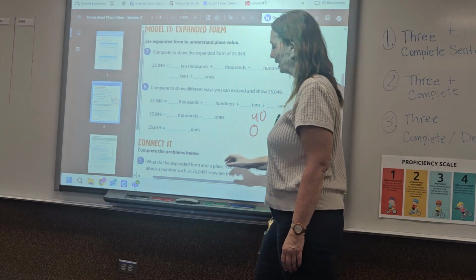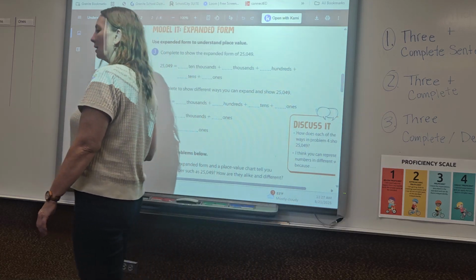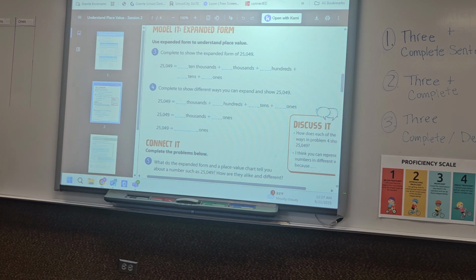Okay, this page can be a teeny tiny bit tricky on some of them, but not all of them. So I want you to pay very close attention to what I'm doing up front. You're not just going to say, oh, I already did this, I know what I'm doing. Well, maybe you know some of it, but I bet some of you got tricked a little bit on some parts.